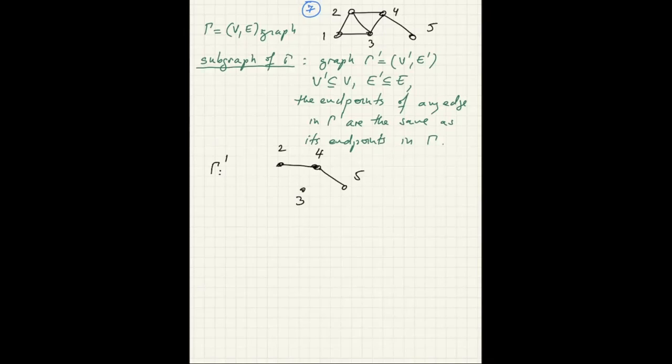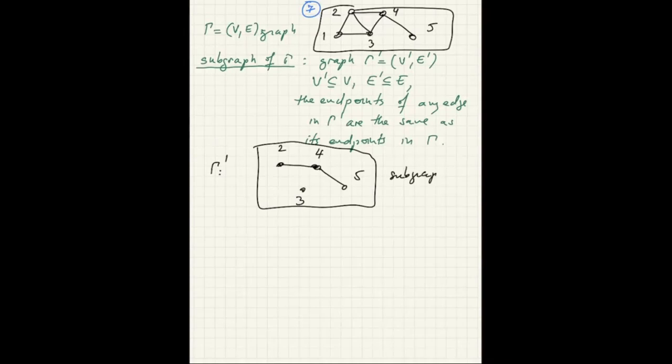I deleted the vertex 1, and then I deleted the edges 2-3 and 3-4, and I ended up with this graph. Okay, so this is a subgraph of gamma.